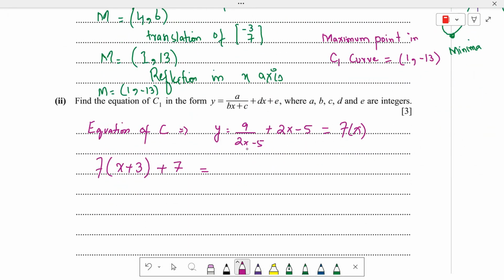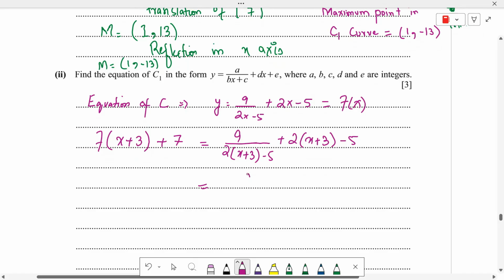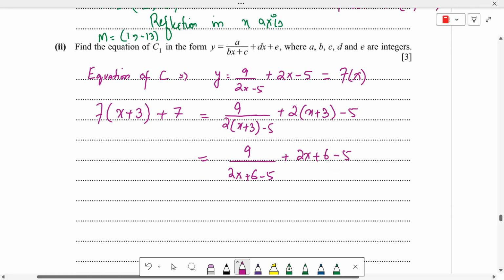If we plug x plus 3 in place of x, we will have 9 over (2 times (x plus 3) minus 5) plus 2 times (x plus 3) minus 5, which equals 9 over (2x plus 6 minus 5) plus 2x plus 6 minus 5, which equals 9 over (2x plus 1) plus 2x plus 1.